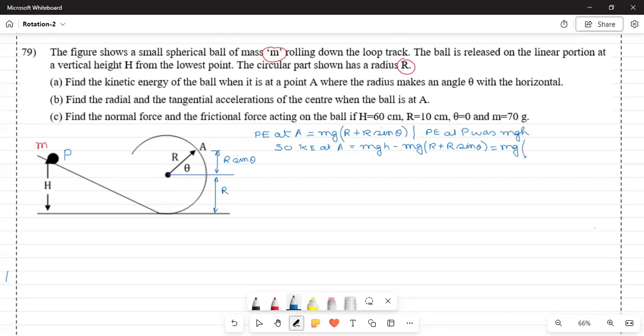which you can write in the form of mg within bracket h minus r minus r sine theta.